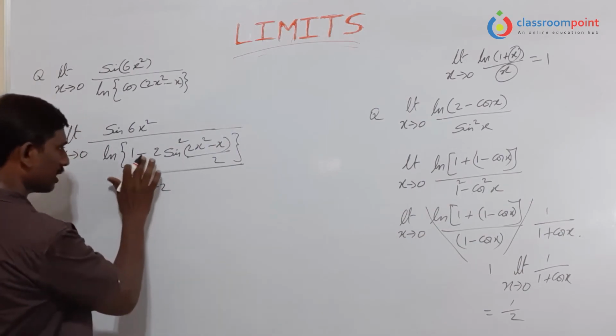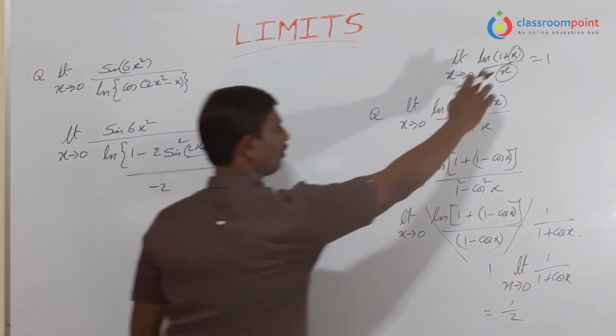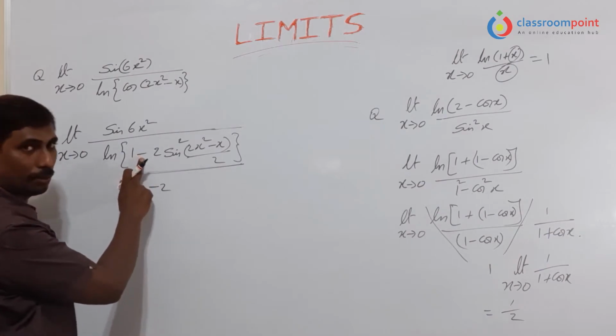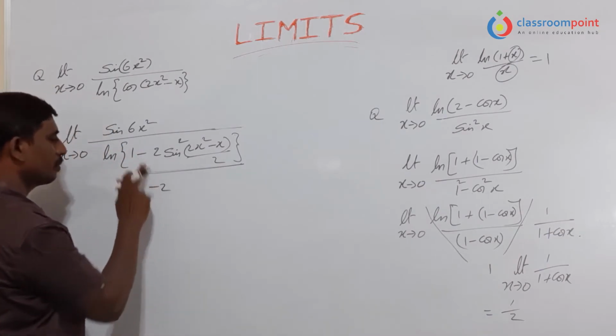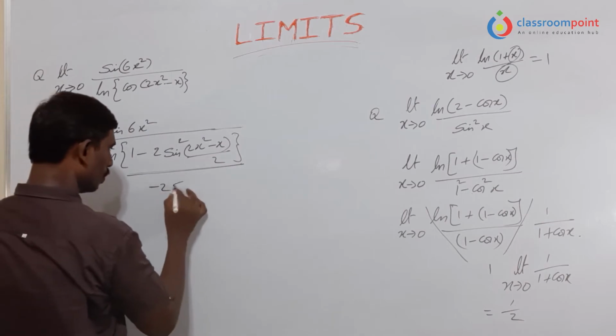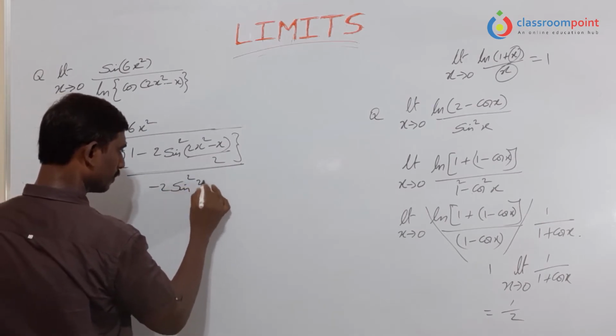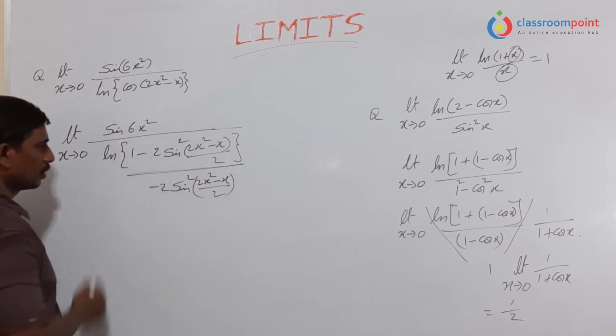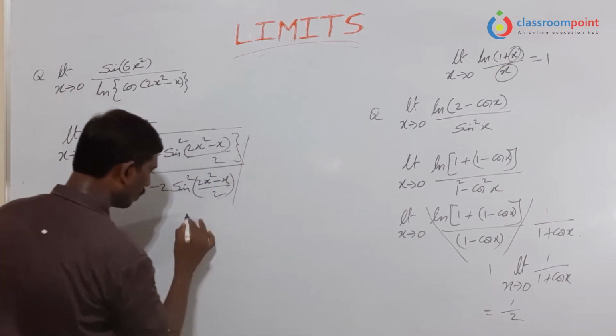Don't forget the minus also needed here. Why? Because the formula is 1 plus x, but they gave 1 minus, so better to take this minus also here. 2 sine square of (2x square minus x) by 2 it is. So this total value is 1.